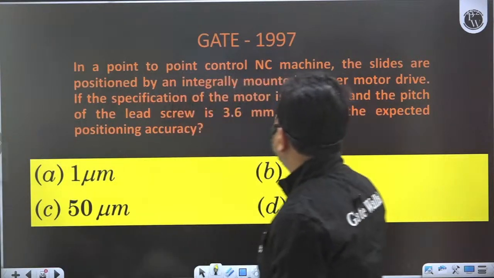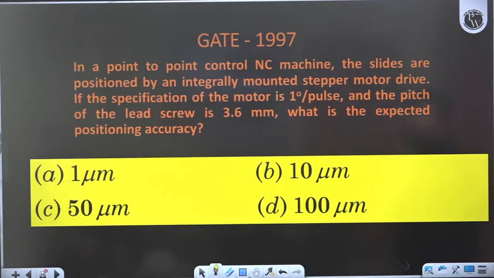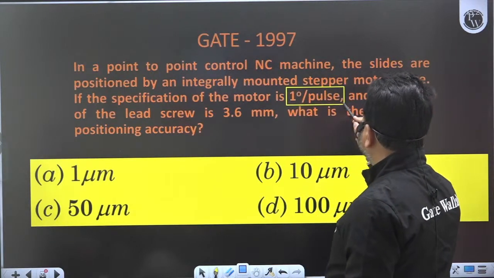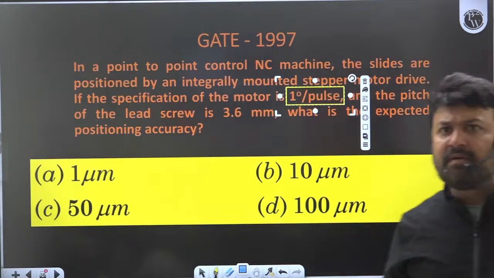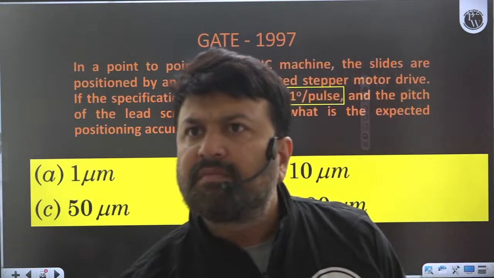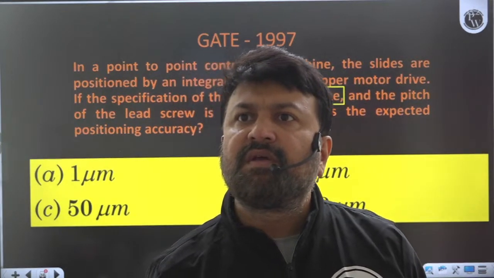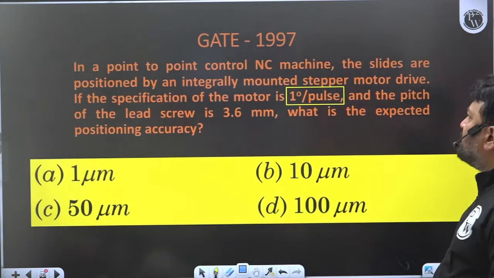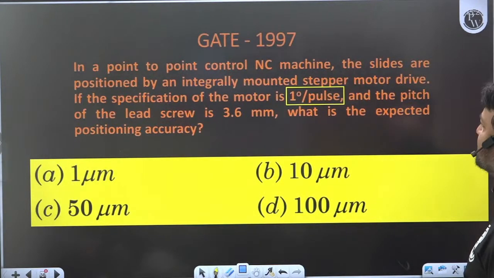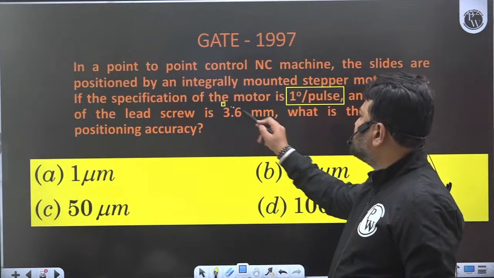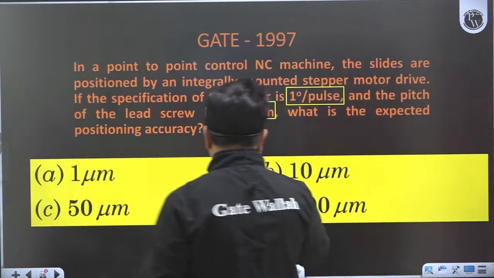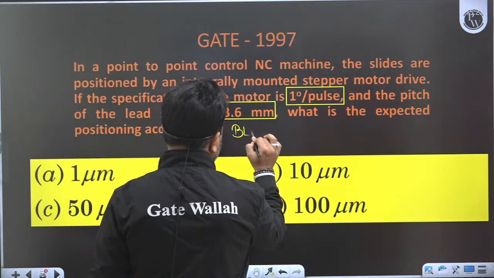In a point-to-point control NC machine, the slides are positioned by an integral mounted stepper motor drive with the specification of 1 degree per pulse, and the pitch of the lead screw is 3.6. What is the expected positioning accuracy? What is the meaning? BLU.